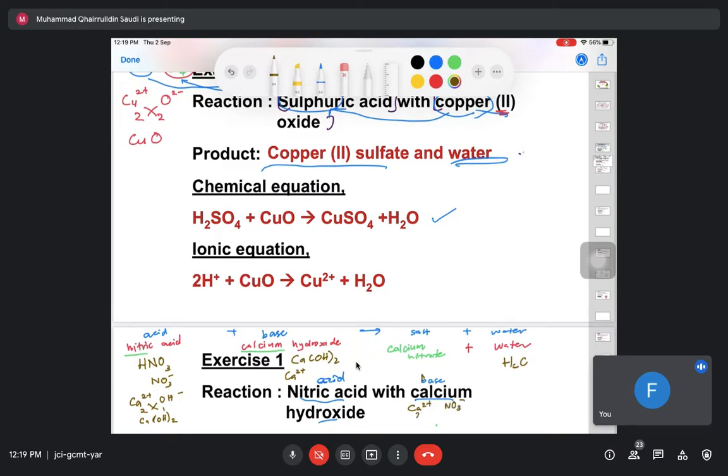Ca bawa turun 2, NO3 bawa turun 1. Ca darab 1 dapat Ca. NO3 darab 2 jadi kurung NO3 darab 2. So the formula for calcium nitrate is Ca(NO3)2.